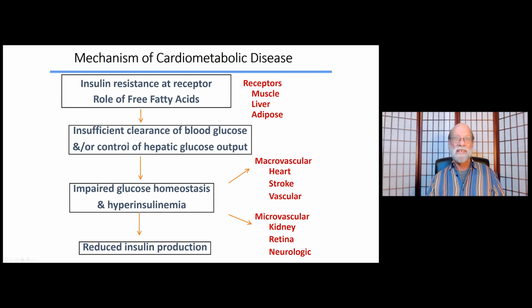And when there's insufficient clearing of blood glucose, the pancreas spits out more insulin. And to the extent that insulin goes up, it causes these problems with macrovascular and microvascular damage, both from high insulin levels and high glucose levels.